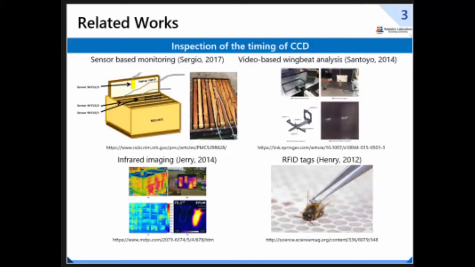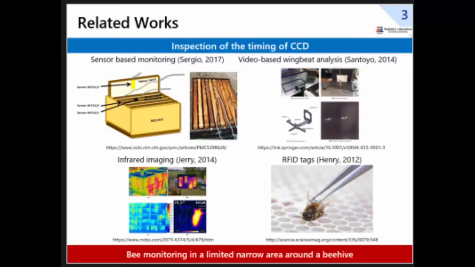Honeybee counting systems have been developed using RFID chips and a vision-based system. In video-based methods, a significant trade-off exists between the measurement area and detection accuracy, because the size of a honeybee is dozens of millimeters. However, most of them have handled bee monitoring in a limited narrow area around the beehive.